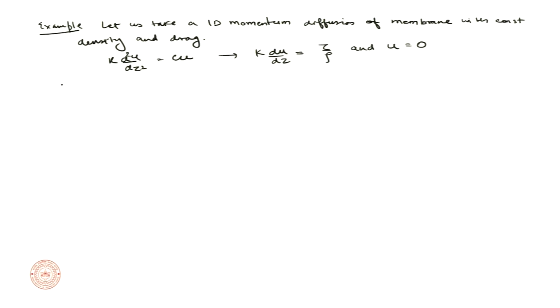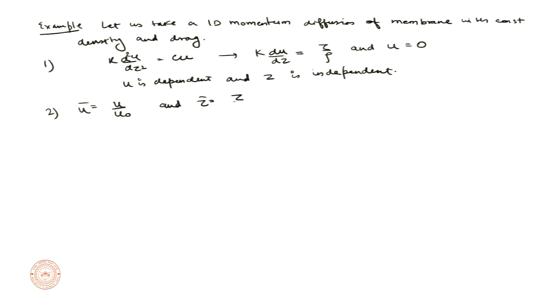Okay, so this is our step 1, that is to define our equation and find out that u is dependent and z is independent. So u bar equals u over u naught and z bar equals z over h.